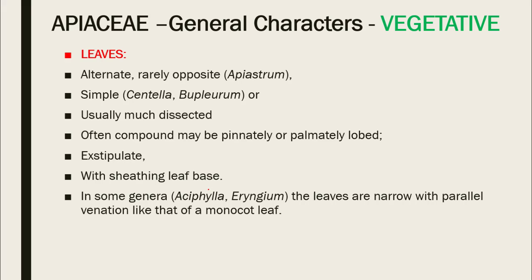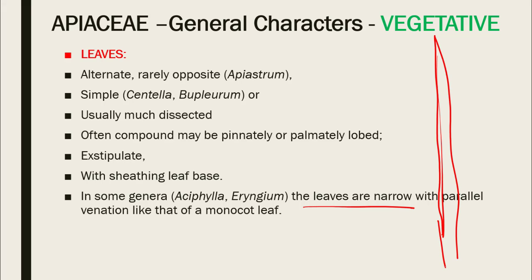And next is the shape of the leaf. The leaves are narrow, just like the leaves of the grasses. If you take a look at the leaf of a grass or leaf of wheat, for example, they are narrow with parallel veins which run parallel to each other.